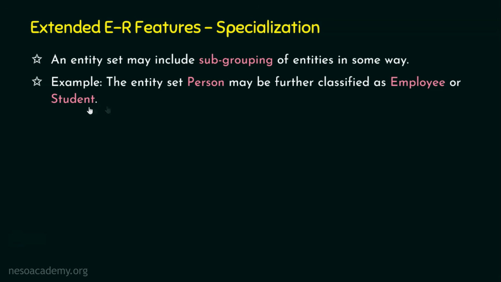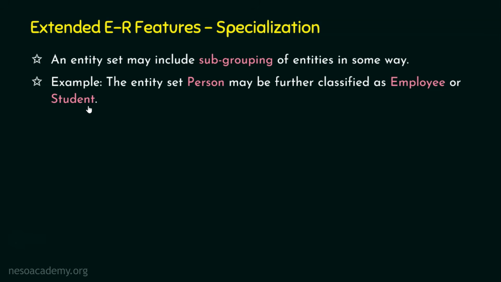The logic is that the entity or superset person is divided or broken into two subtypes, employee or student. I'll give you another example. If you take artist, an artist can be a band or a musician. So basically, artist is the superset or entity which is broken into subtypes, band and musician.